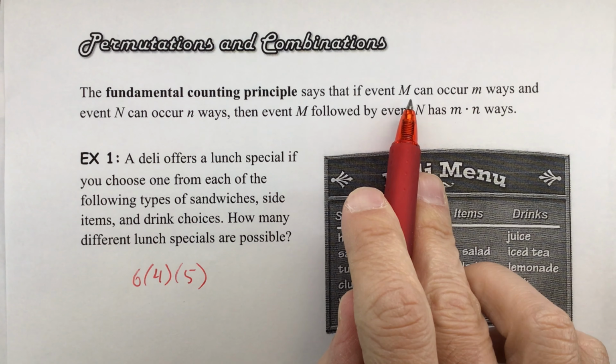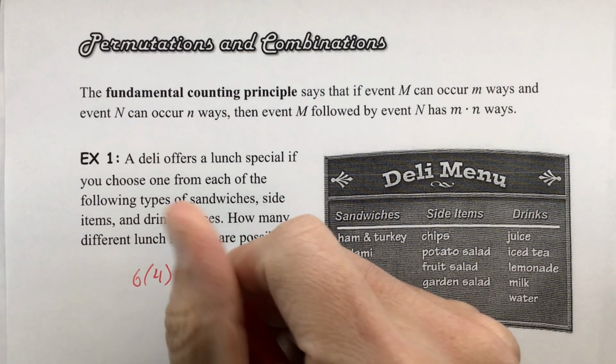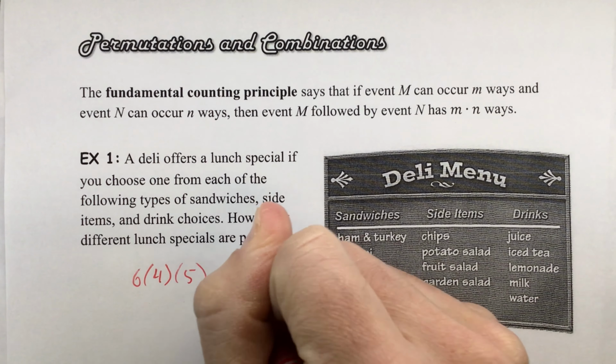Above, it's described with just 2 events with capital M and capital N, but we really have 3 different events that are happening. Each event has a certain amount of outcomes. This has 6, this has 4, this has 5. And if we take the product of all of those outcomes, we get the total amount of combinations. So here we have 24 times 5, which is going to be 120.